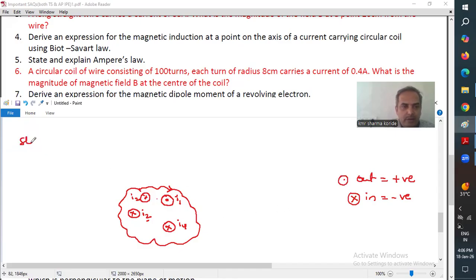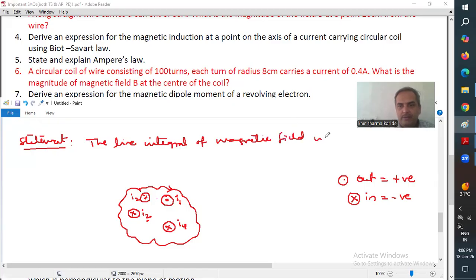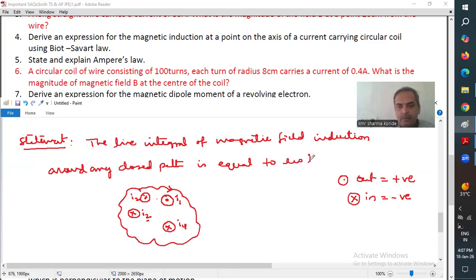So now you can write the statement. The line integral of magnetic field induction around any closed path is equal to mu naught times the net current enclosed by the closed path.